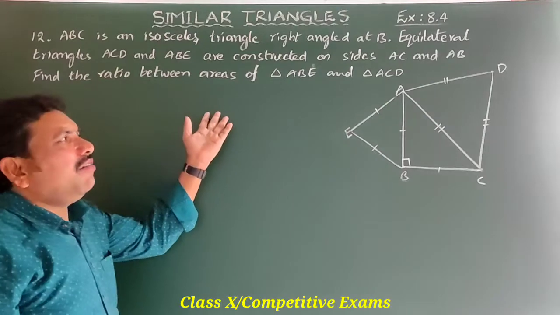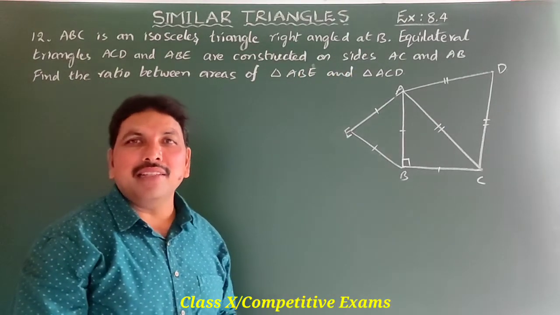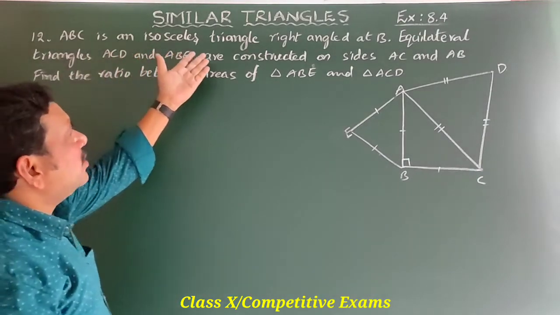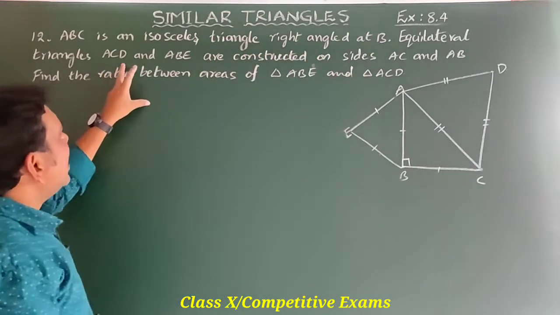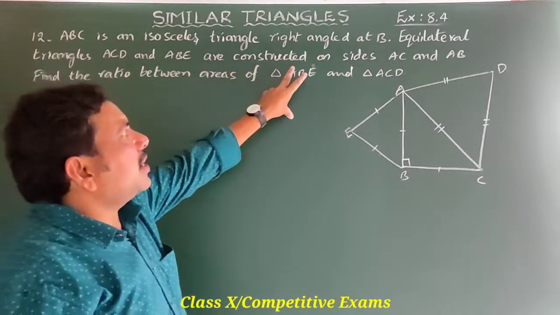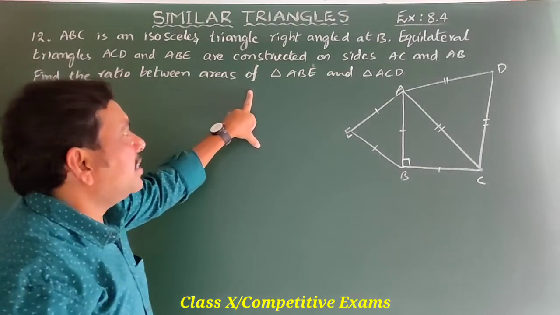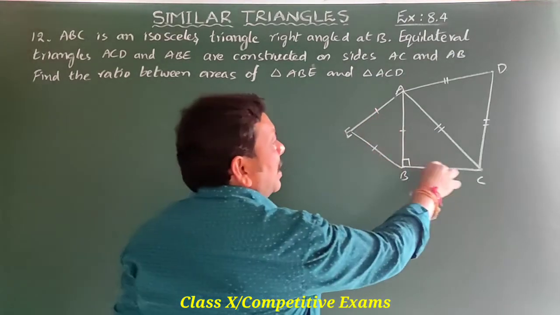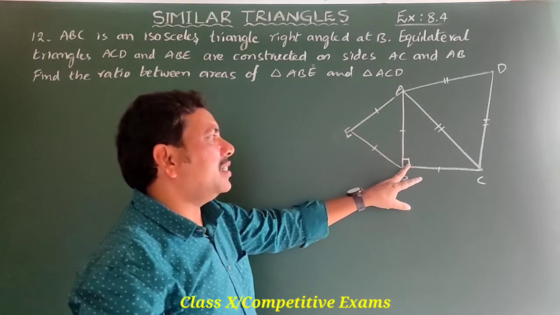Okay, this is the final question in exercise 8.4, on similar triangles also. See, ABC is an isosceles triangle, right angled at B. Equilateral triangles ACD and ABE are constructed on sides AC and AB. Find the ratio between the areas of triangle ABC and triangle ACD. ABC is an isosceles right angle triangle, with angle B equal to 90 degrees.